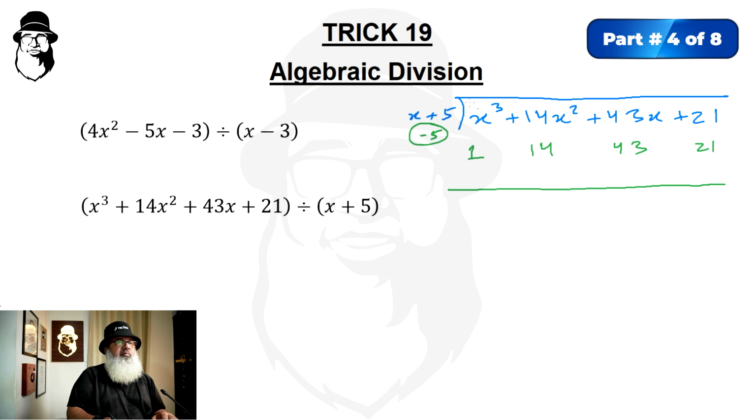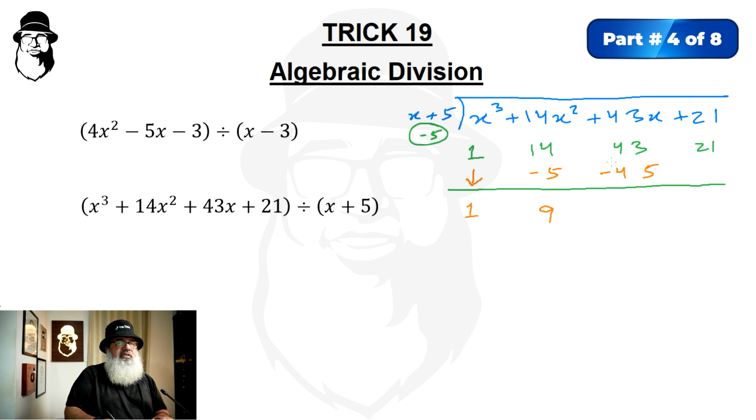Here we'll have the remainder. So the first step is bring this first coefficient here, then multiply it by the transpose. 1 times minus 5 is minus 5. And now we have 14 minus 5, that is 9 here. Then we multiply this 9 by the transpose. 9 times minus 5 is minus 45.